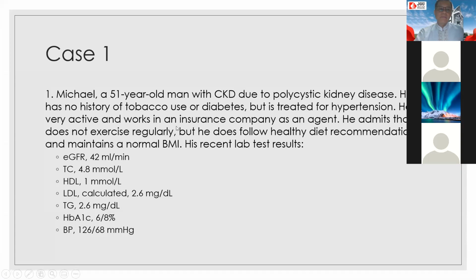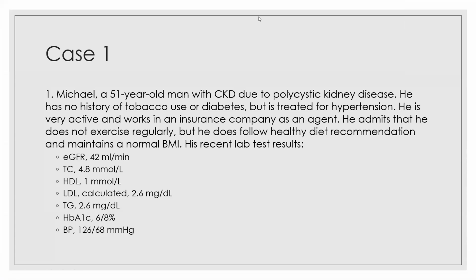So now, Michael, a 51-year-old man with CKD due to polycystic kidney disease. He has no history of tobacco use or diabetes, but is treated for hypertension. He is very active and works in an insurance company as an agent.